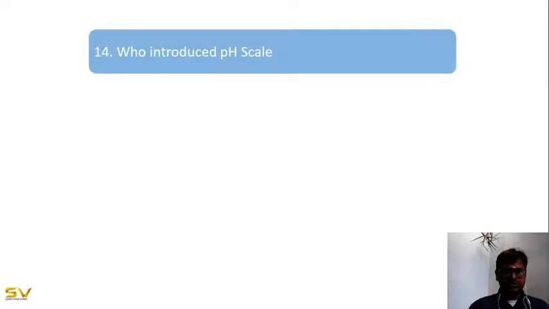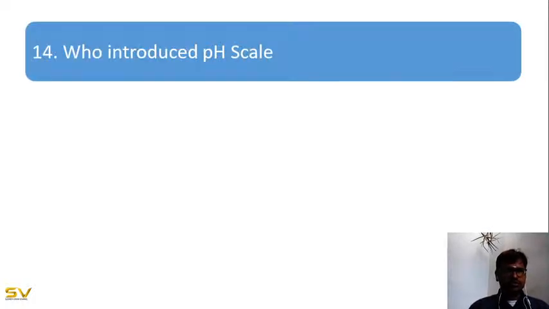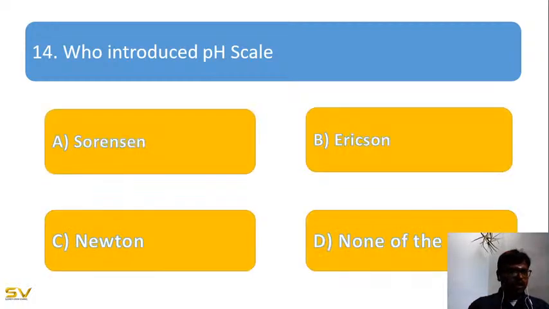Now the next question is, who introduced the pH scale? See, this pH scale is a scale which is used to measure the hydrogen ion concentration in acids and bases for a substance.